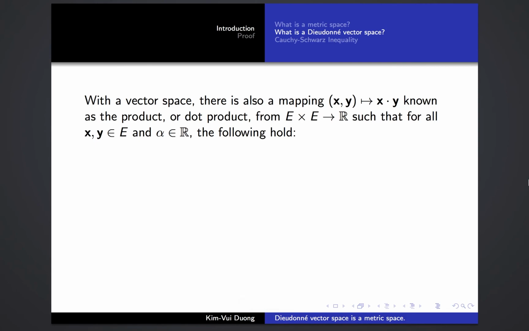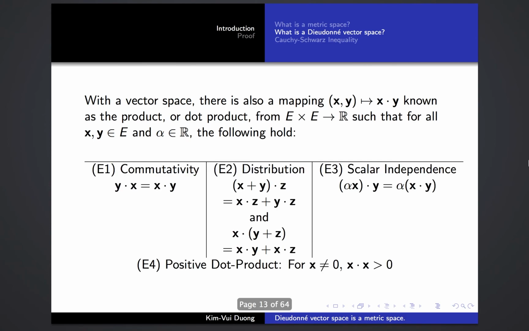With a vector space, there's also a mapping known as the dot product. So you take a pair in the Cartesian product and you map it to a real number that results from the dot product, such that for all x, y in E and alpha in R, the following hold. We've got E1, which is commutativity, so y dot x is equal to x dot y. E2 is distribution.